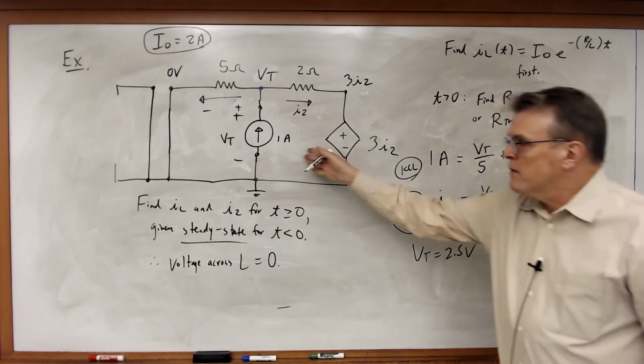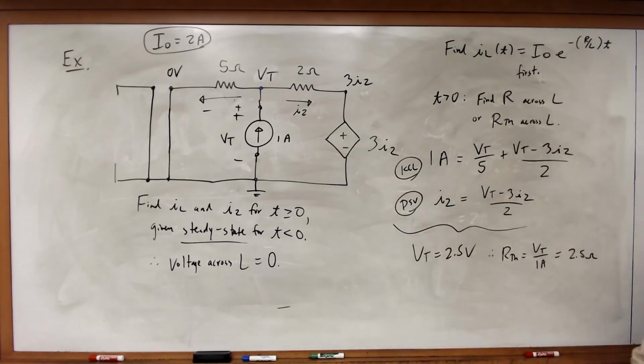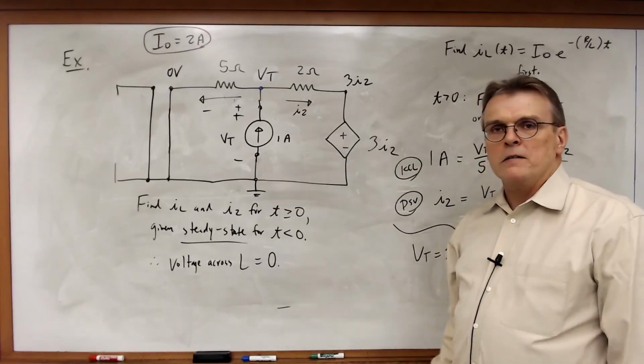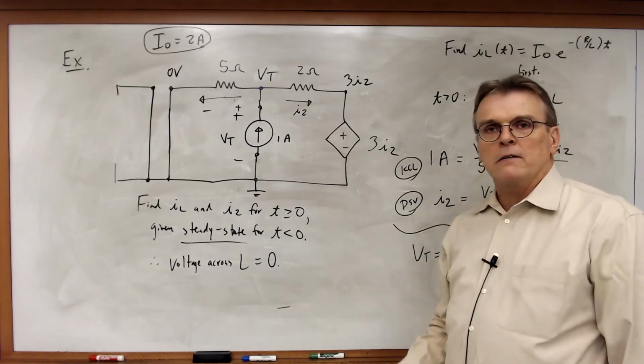This is no different than the source driving technique we're already aware of. We've already seen this. This is just a Thevenin resistance. That's all that R is. It's a Thevenin resistance across the inductor.